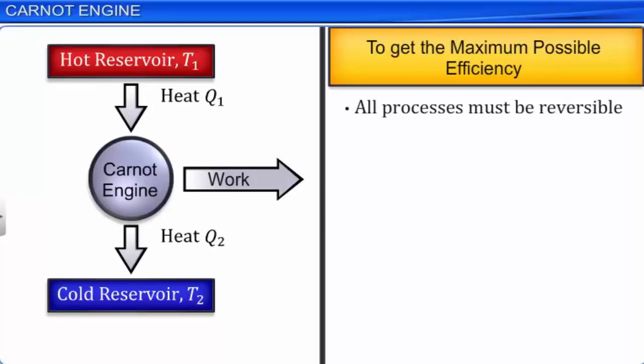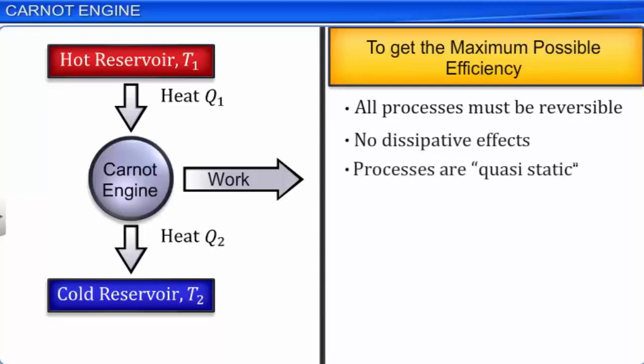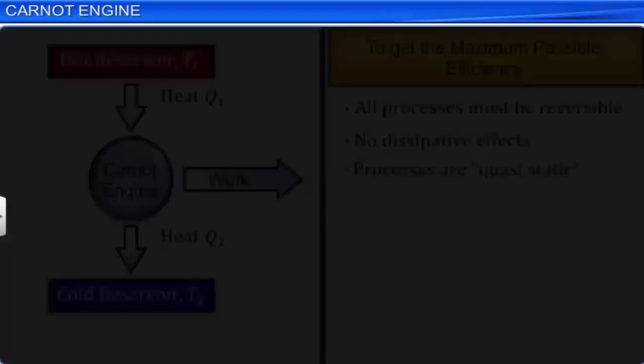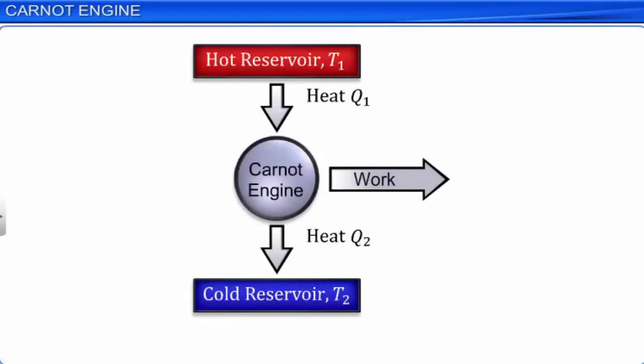Since all the processes are reversible, there will be no dissipative effects. We know that a process is reversible only when it is quasi-static. In a quasi-static process, the system will always be in thermal and mechanical equilibrium with its surroundings.